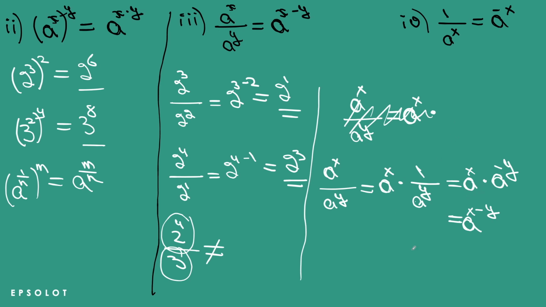And I hope you're not confused with why it became x minus y, because in reality what we're doing is x plus negative y. And as you already know, every time you have a situation like this, you just multiply the signs together, and you end up getting x minus y. So that is the other rule that we wanted to look at.